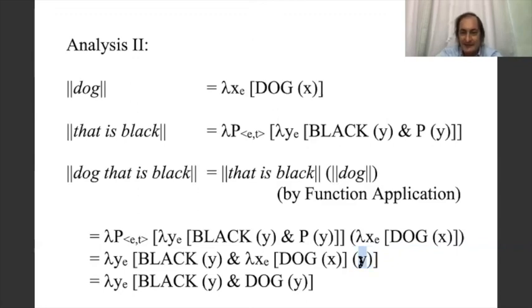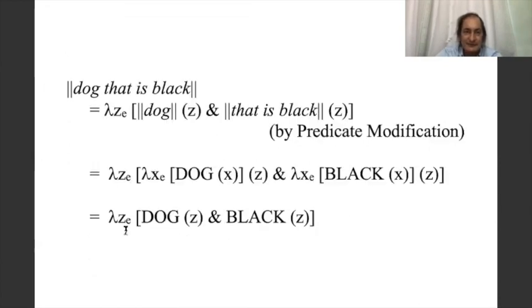We take that argument, we put it in place of the variable being bound by the function, and we give back the result: lambda y sub E, black of y and dog of y. So once again, the result of our new analysis that takes "that is black" to be a function that can apply to the translation of dog as an argument gives the same result as the other one, except that we have different variables, z here and y in the other one.